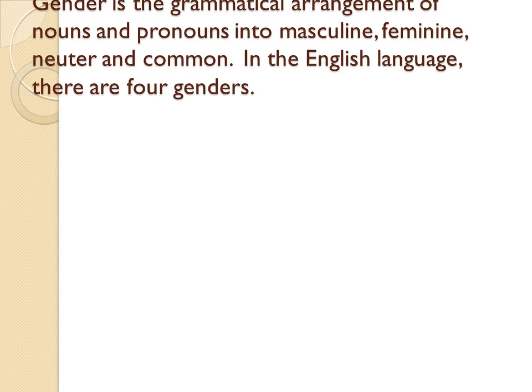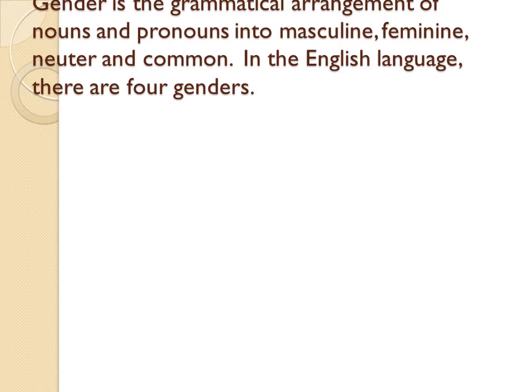So what it means is, when you talk of gender, we're looking at grouping nouns and pronouns into whether they are female or male, or what we call neutral gender, or common gender. So as a grammatical word, it has to do with classification of nouns and pronouns.